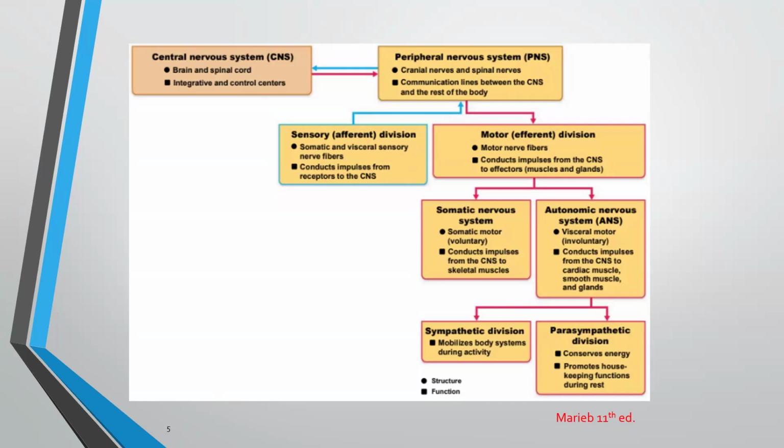So here is a chart that kind of breaks down the central and the peripheral nervous system. The central nervous system is very simple: brain, spinal cord, and it's integrative and it's the control center. The peripheral nervous system is your cranial nerves, your spinal nerves, and the communication line between the CNS and the rest of the body.